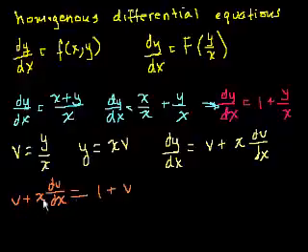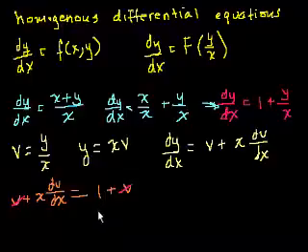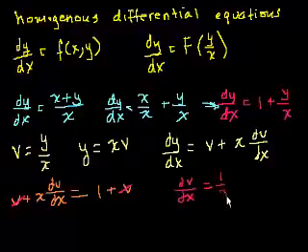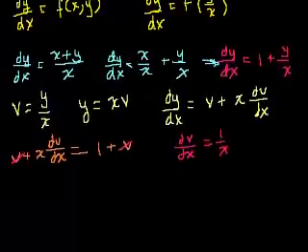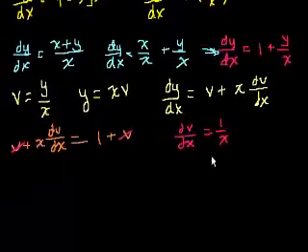So let's see, we can subtract v from both sides of this equation. And then what do we have left? We have x dv dx is equal to 1. Let's divide both sides by x, and we get the derivative of v with respect to x is equal to 1 over x. It should maybe start becoming a little bit clear what the solution here is, but let's just keep going forward.